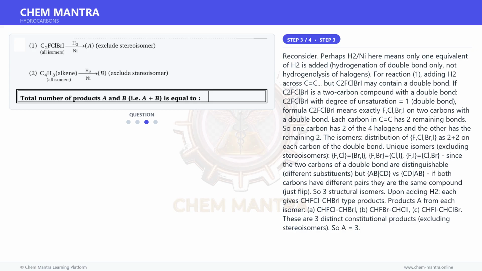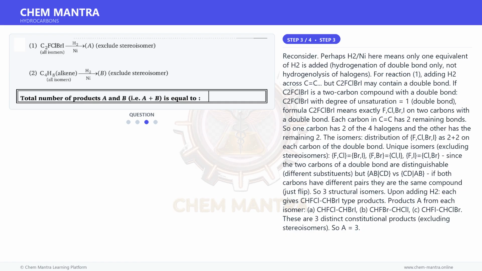Reconsider. Perhaps H2 here means only one equivalent of H2 is added, hydrogenation of the double bond only, not hydrogenolysis of halogens. For reaction 1, adding H2 across C=C. But C2FClBrI may contain a double bond.